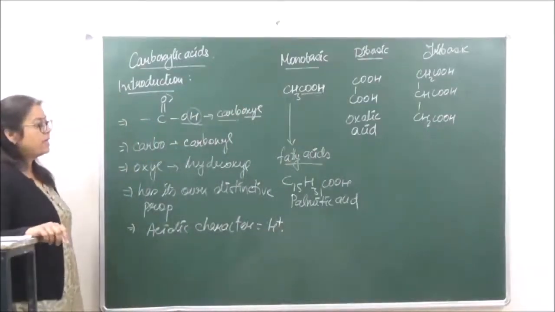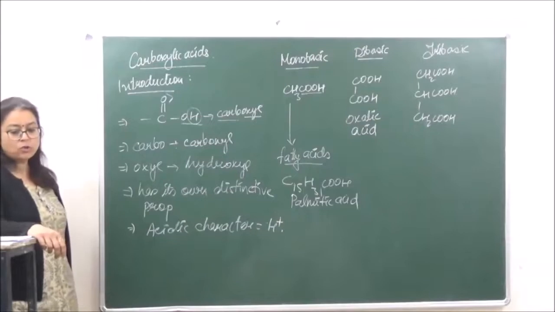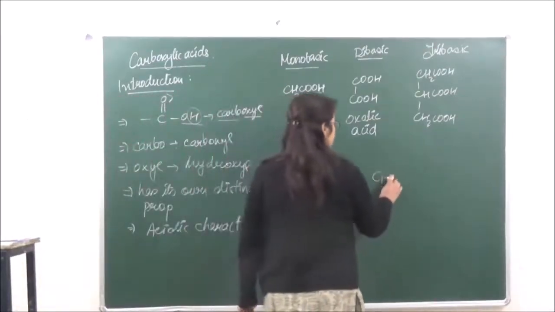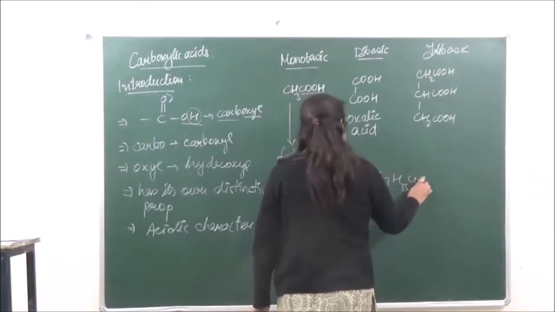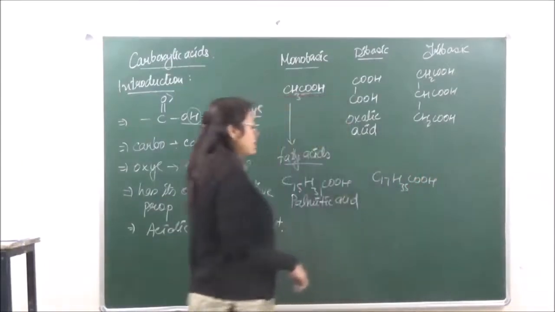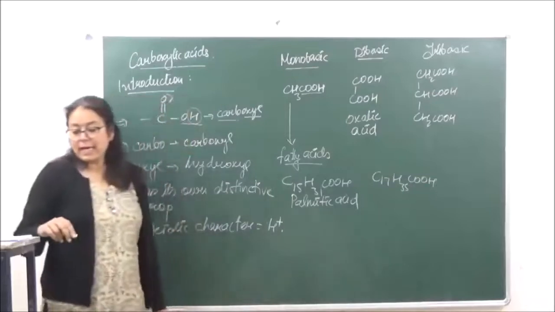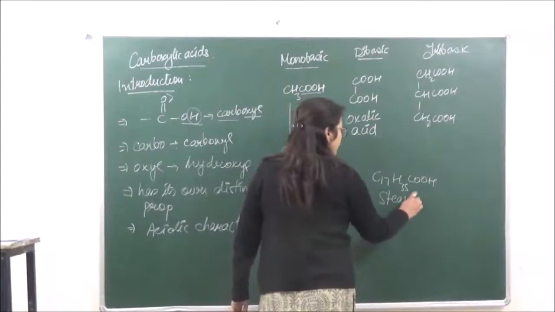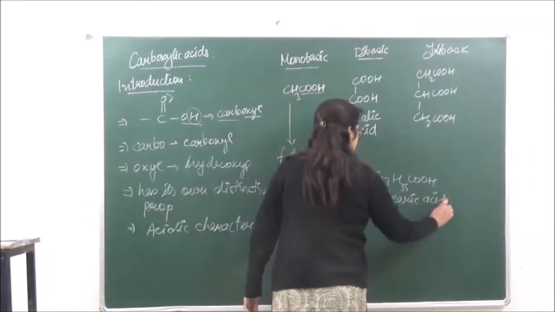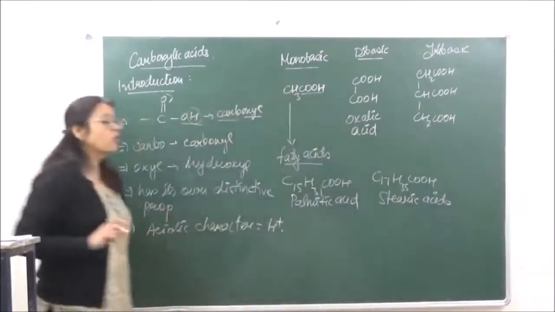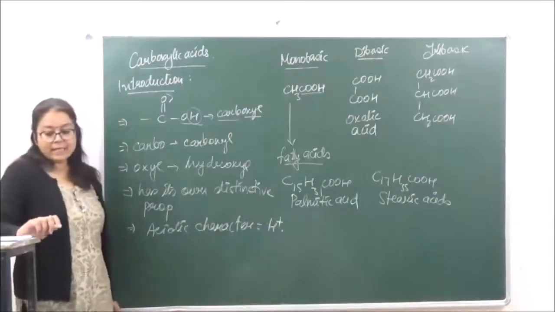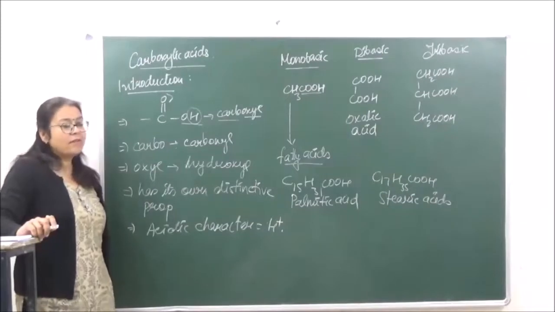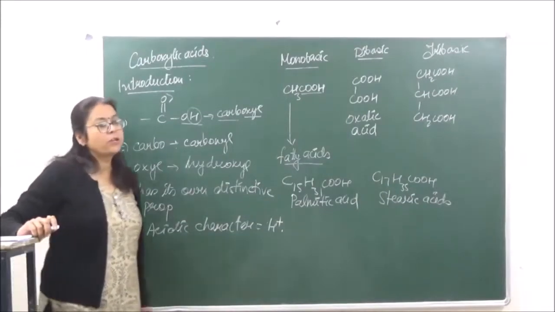Okay? Or we have C17H35COOH, which has even more carbon atoms, and this is known as stearic acid. So as they are obtained from fats, they are known as fatty acids, and the fatty acids generally have a large number of carbon atoms present.